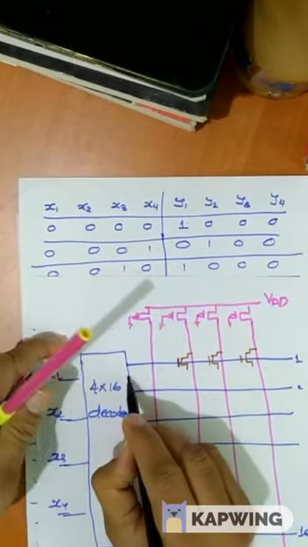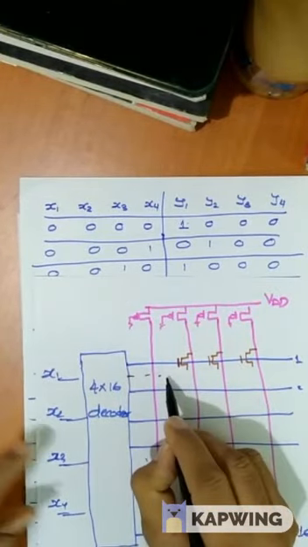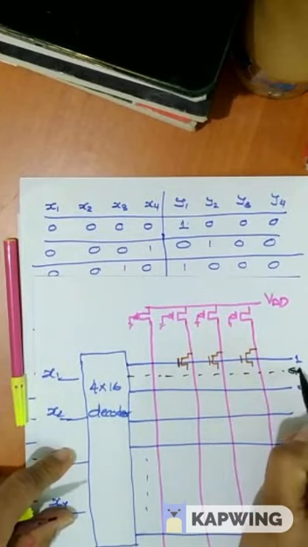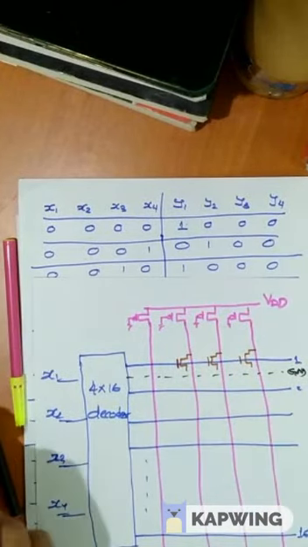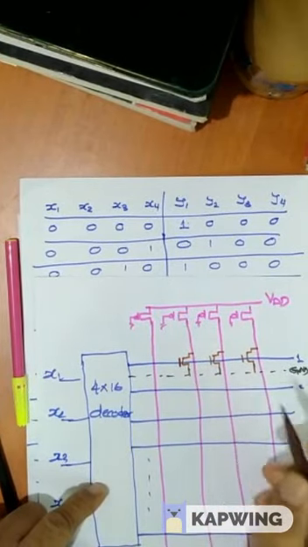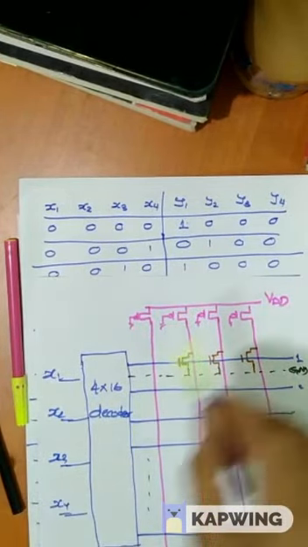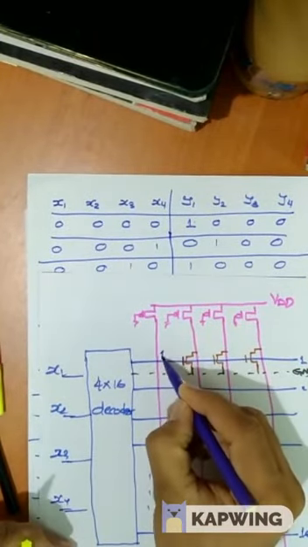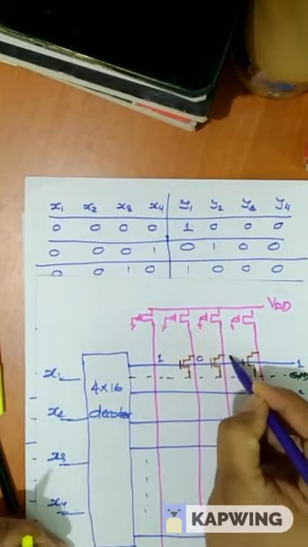I am drawing a ground line in between, which can be shared by adjacent word lines. So this is the ground. This represents a 1, this is a 0, this is a 0, this is a 0.